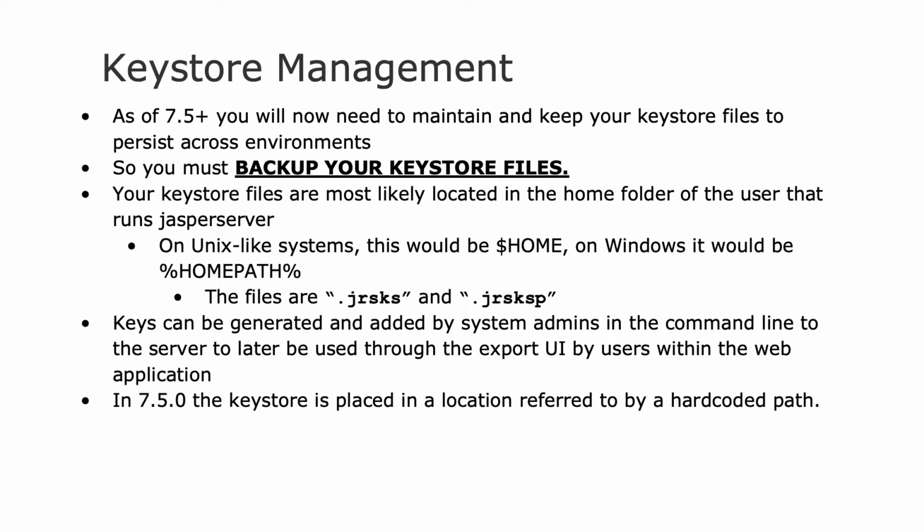On Windows, I believe the environment variable is %HOMEPATH%. The files are named as such: JRSKS is the keystore file, and JRSKSP is the properties file. They both work together to provide the keystore functionality.